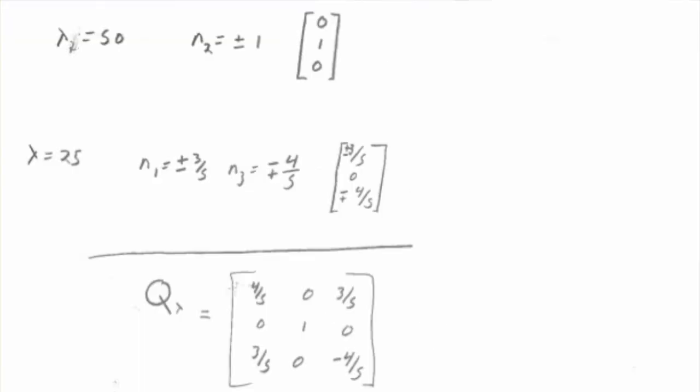And so that gives me n equals plus minus 4/5, 0, 3/5. Right? And we can do the same thing for the other two systems.